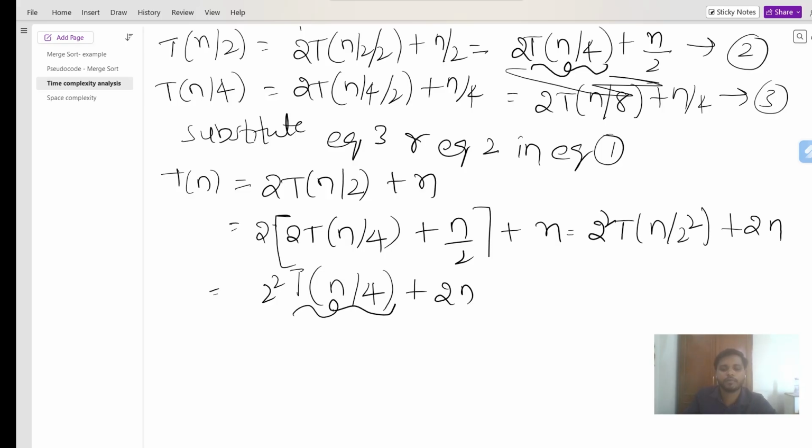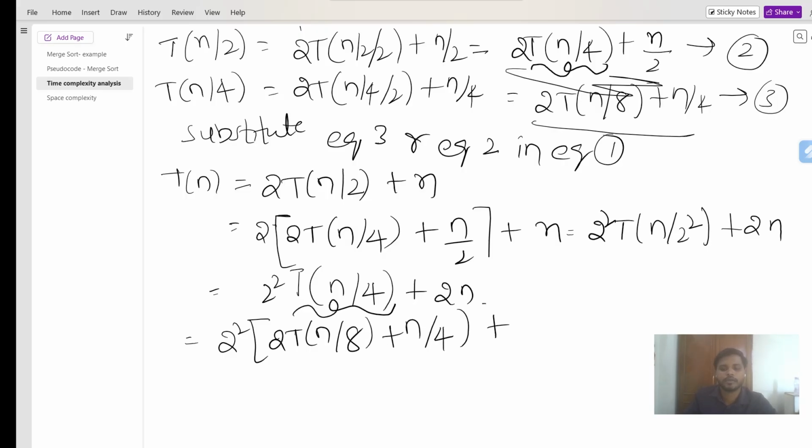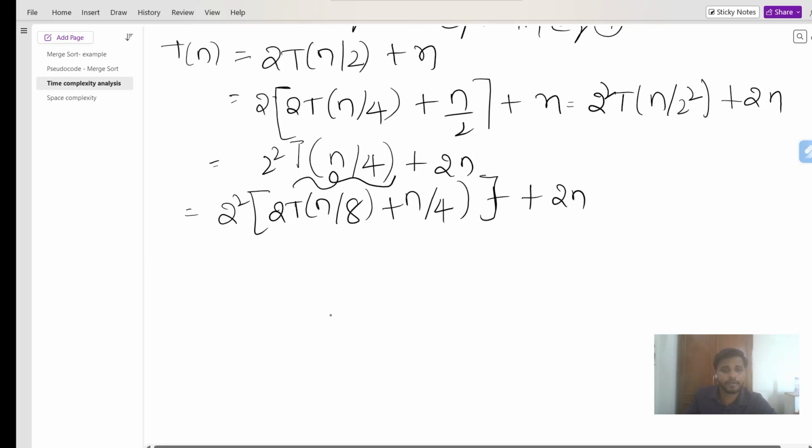Now I have the T of n by 4 value. So similarly, I'm going to substitute again. 2 square of, what is T of n by 4? Here, this one. 2 into T of n by 8 plus n by 4 plus whatever the left out element, which is 2n. Now what will happen? Let us observe a pattern here.